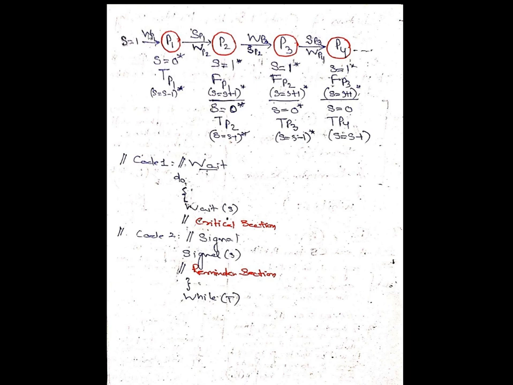So that means first it was waiting, then it has gone to the signal case. So automatically when it is the signal case, P2 is active. Now here in this case, S is equal to 1, P2 is active.